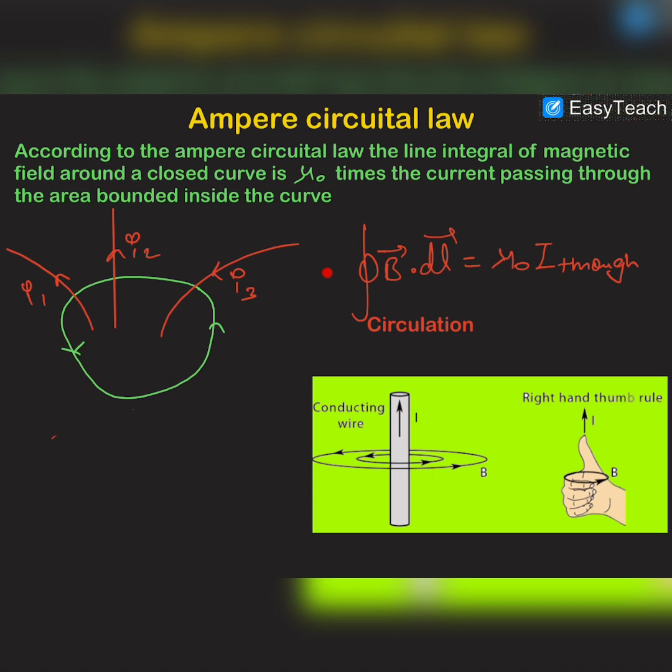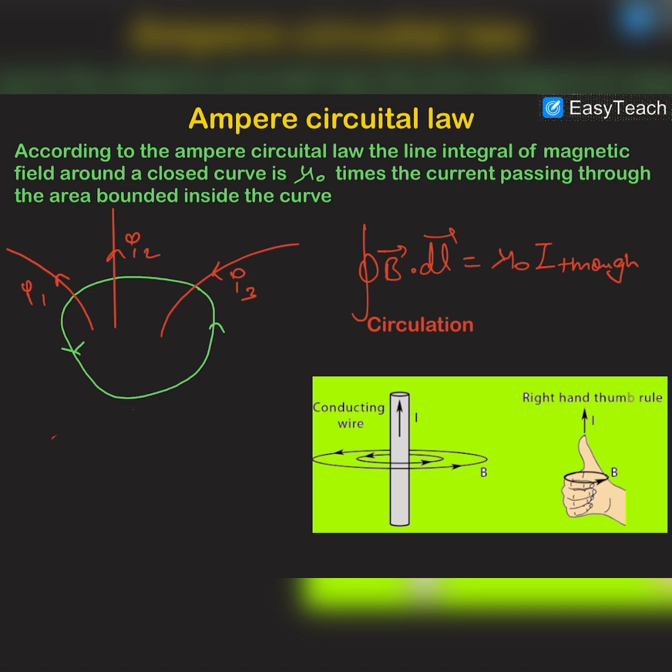This complete quantity, the integral of B dot dl, is called the circulation on a closed loop. So this circulation is equal to mu naught times the current passing through the region inside the loop.